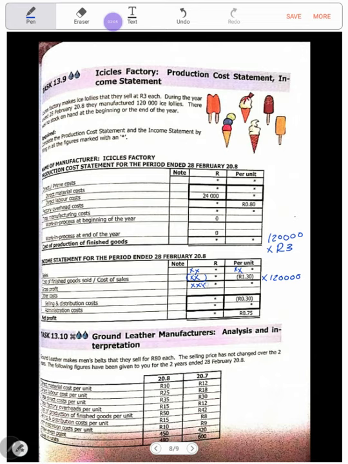Once you have your gross profit, you can obviously divide it by 120,000 to get the per unit, but you can also work forward by saying the per unit sales amount, subtract the per unit cost of sales, if it's easier for you. Then your other costs.